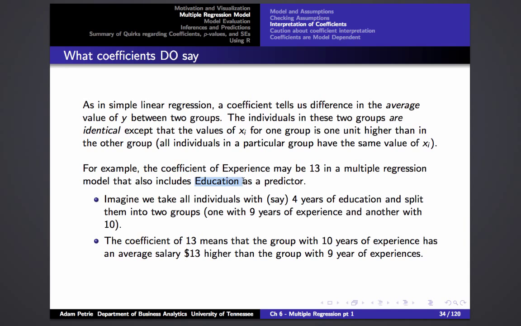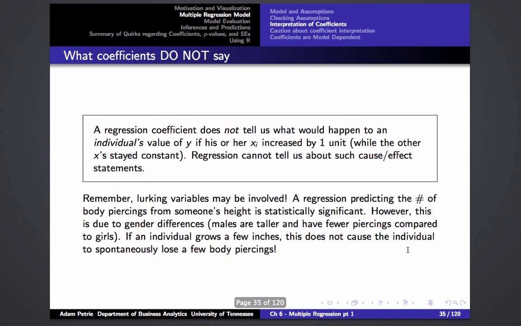The values for their education are all the same, namely at 4 years. Well, if that's the case, this coefficient of 13 only means that the average salary for the group with 10 years of experience is going to be $13 higher than the average salary for the group with 9 years of experience. So that's all the coefficient is saying. It's just comparing the average value of y between two individuals or two groups whose xi value differs by 1 unit but who are otherwise identical.